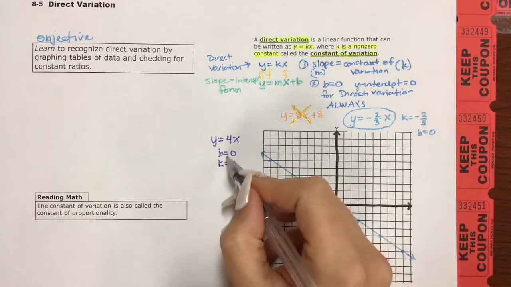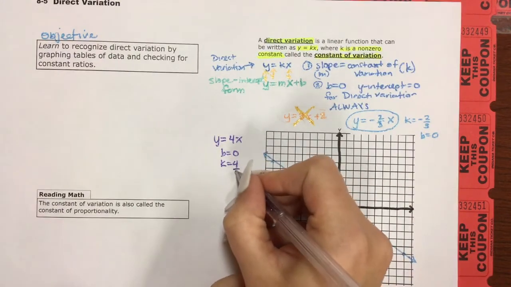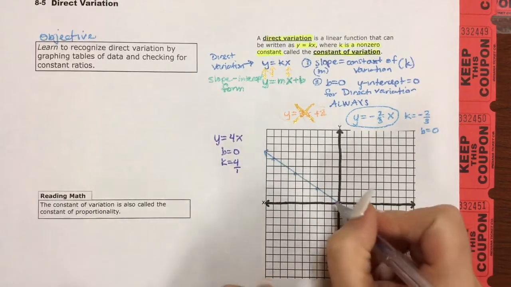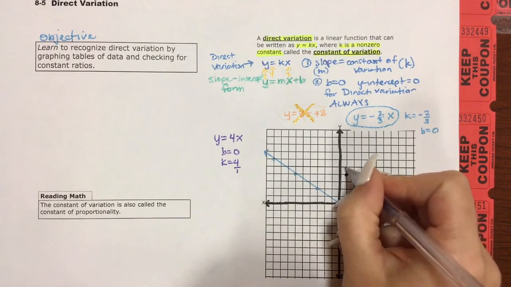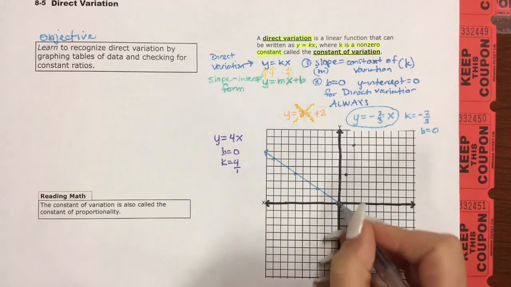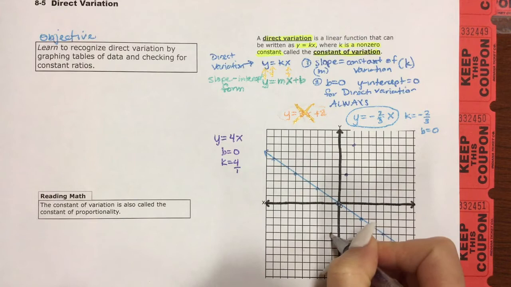So we can graph this. The y-intercept is 0. We're going to graph the slope in the form of a fraction: up 4, over 1. We could do the opposite, down 4, over 1.